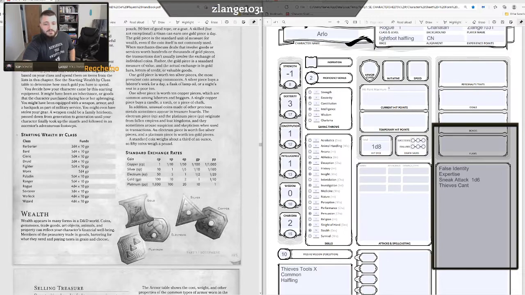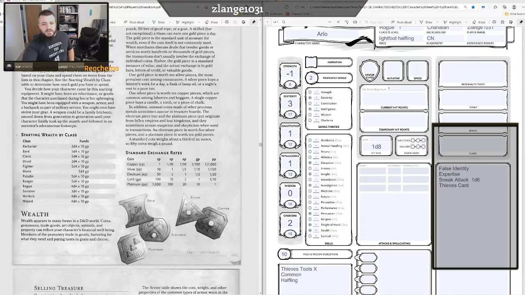We'll skip electrum for right now because electrum is weird. 1 silver is 10 gold. 10 gold is 1 platinum, and so on and so forth. Electrum is kind of like your half dollars.